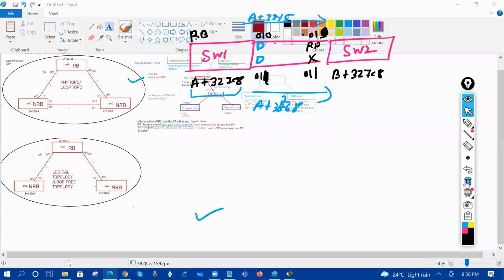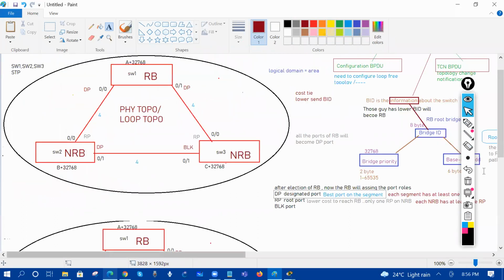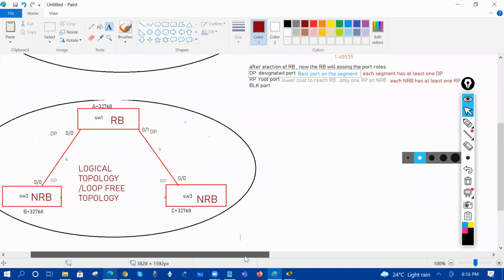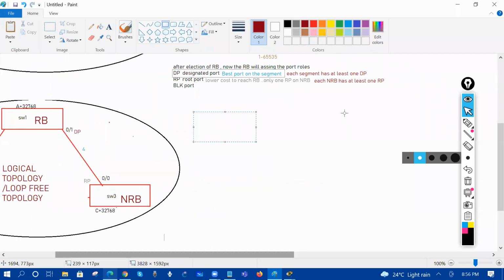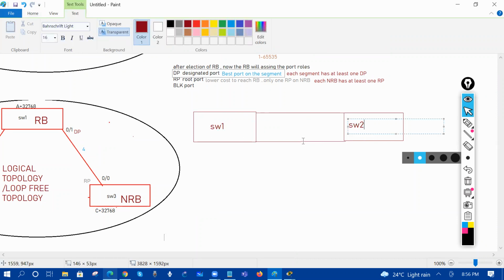So I'll draw this topology. That would be a good one. Take an example. If you have a topology like this one, switch one, switch two, A plus 32768, B plus 32768.